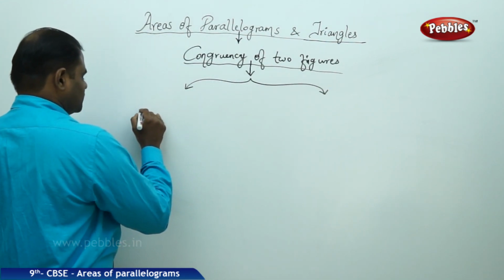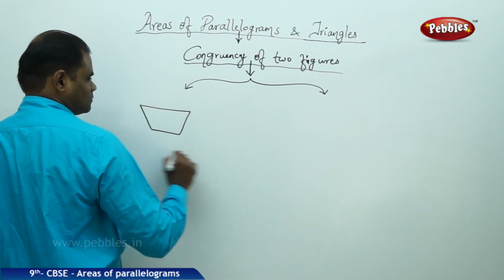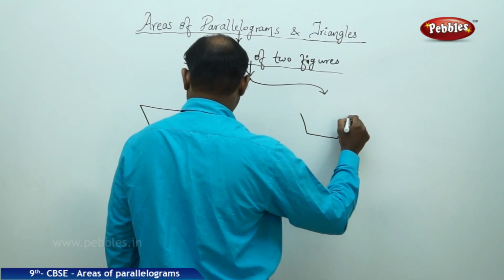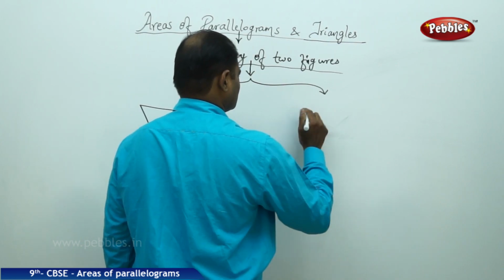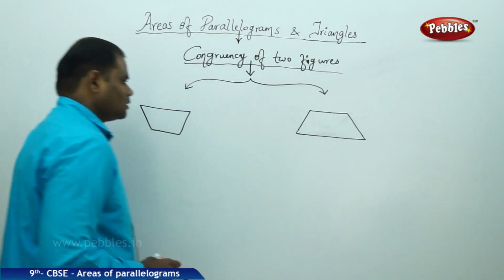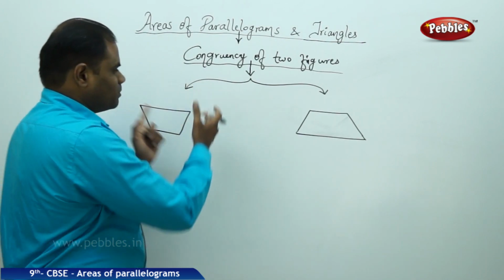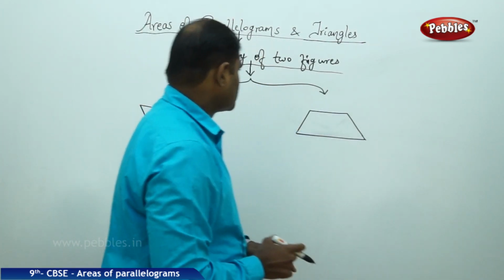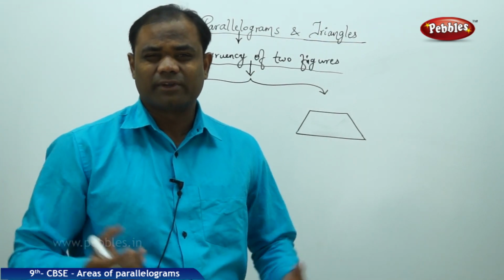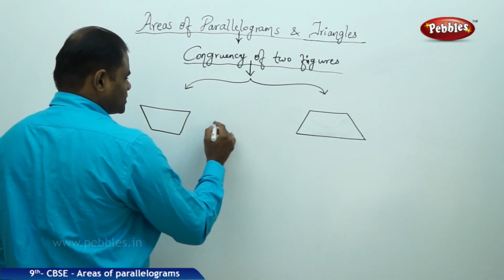Say I have a figure and this figure too. Now I have two figures here. Now the question comes on defining congruency of these two figures. What is congruency of these two figures?